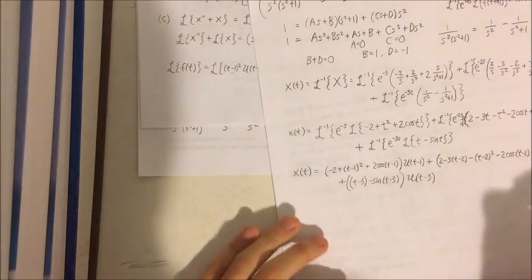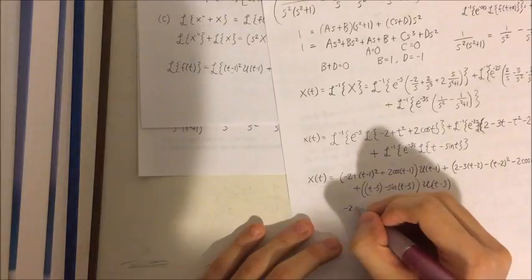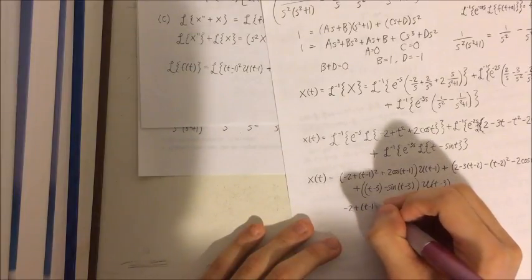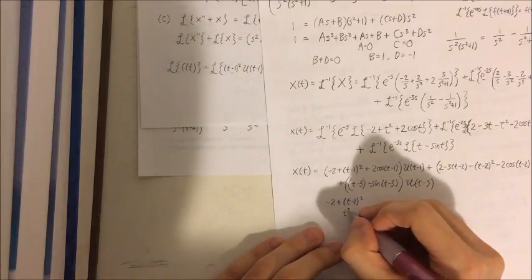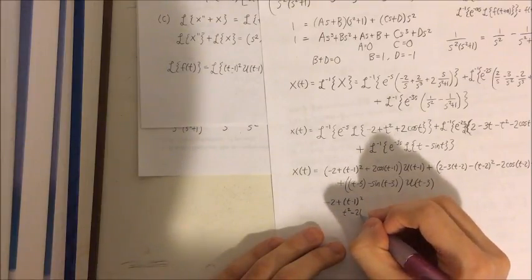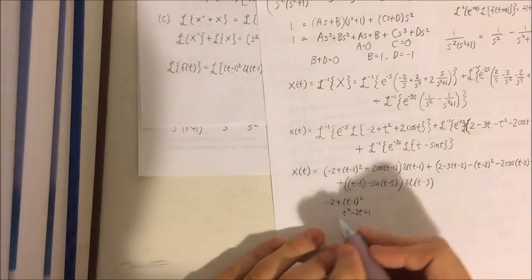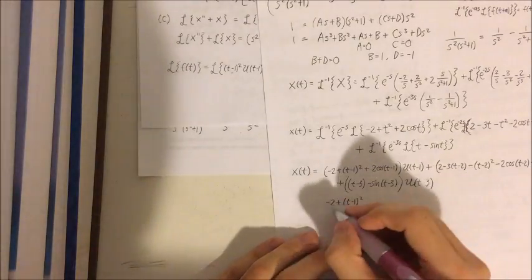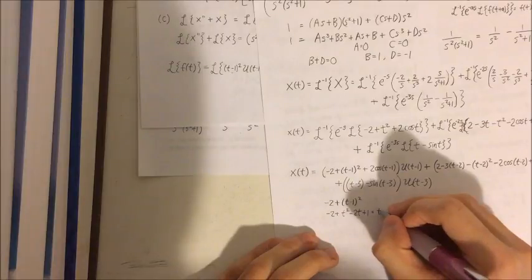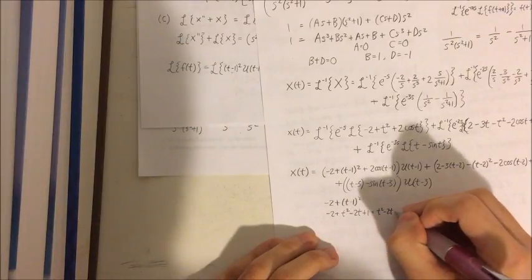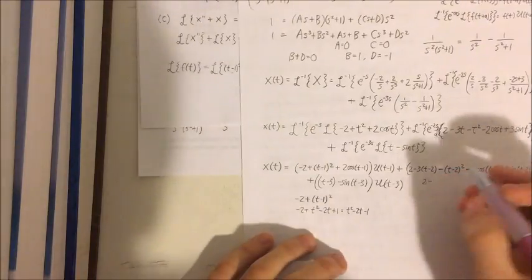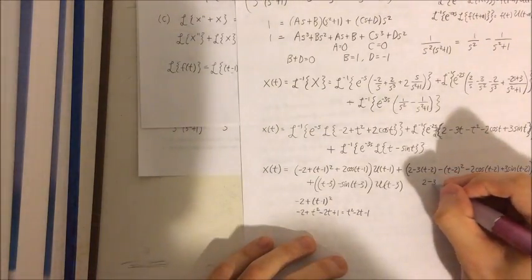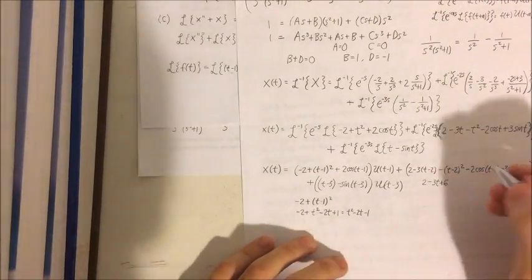So if we first look up here, negative 2 plus t minus 1 squared, well, this is equal to t squared minus 2t plus 1. So this minus 2 plus that is going to make it t squared minus 2t minus 1. Over here we have 2 minus, well, if you distribute the 3, you're going to get minus 3t plus 6.